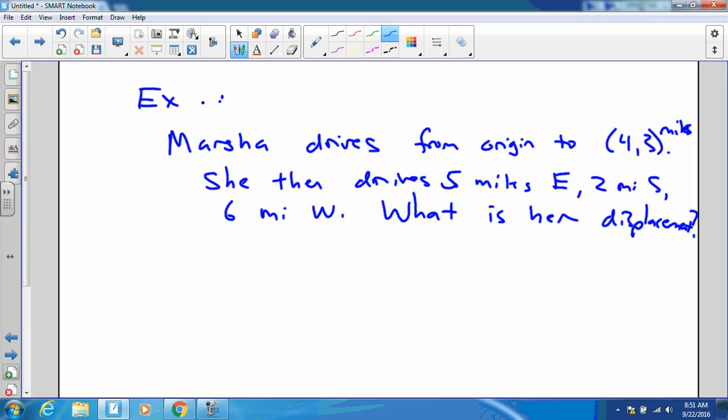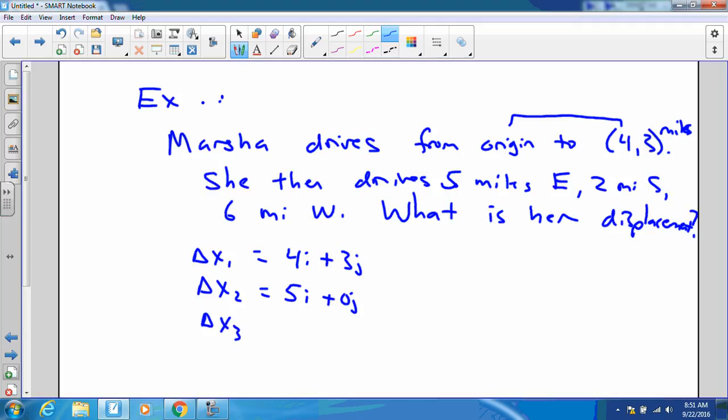We can think of her motion as taking place in 4 different pieces. And we can represent that first piece as the displacement from (0, 0) to (4, 3). And that displacement is going to be 4i plus 3j. And then her second displacement is going to be 5 miles east, which we're going to represent as 5i and 0j.